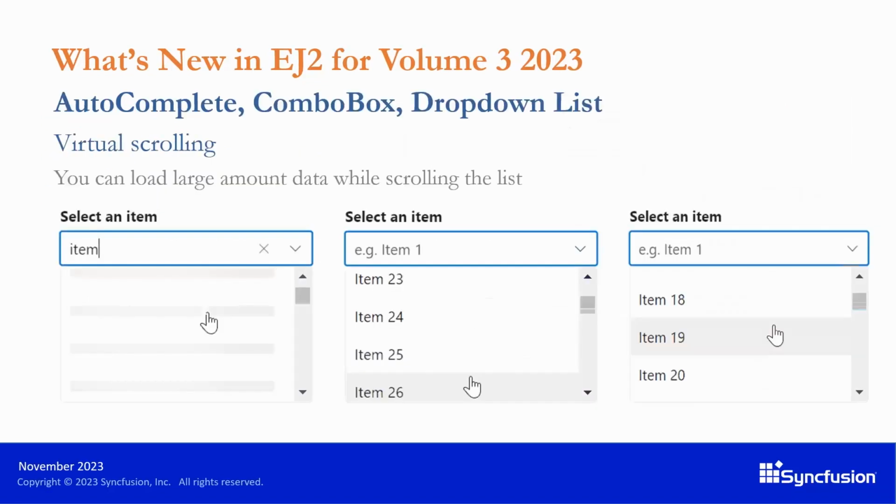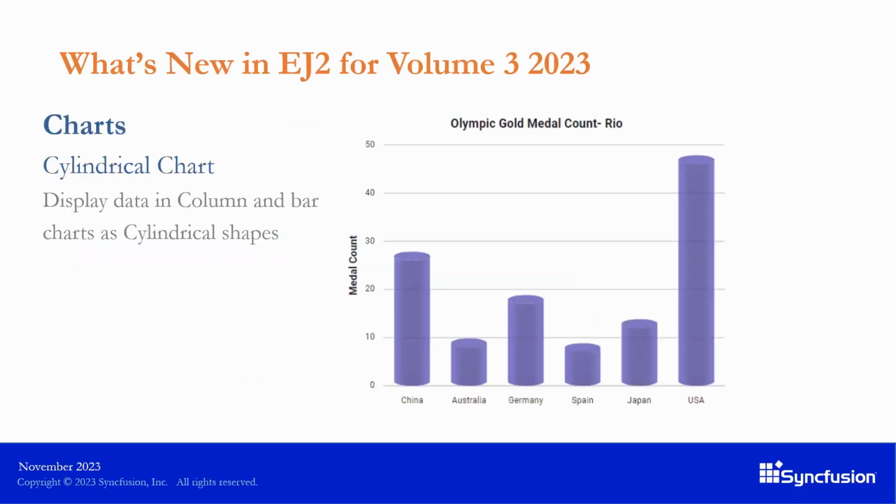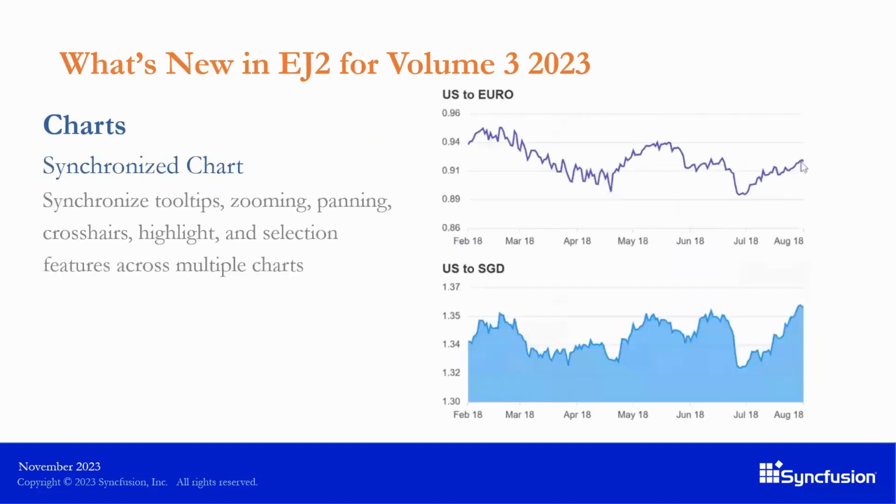Then, another cool feature in the EJ2 dropdowns is virtual scrolling. Using virtual scrolling, you can load a large amount of data, and while scrolling the list, it will be loaded one after the other.